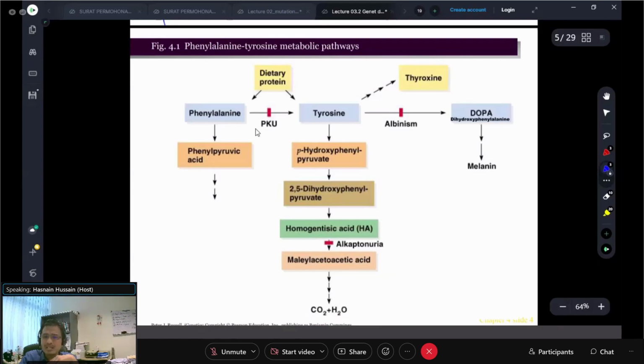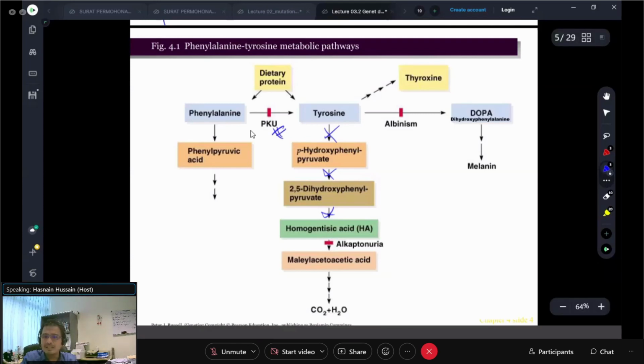So during the reaction, if there is some deficiency in a certain area, it will cause certain diseases. But this one is the common one. So if from phenylalanine to tyrosine the enzyme is defective and cannot convert, then it causes phenylketonuric.